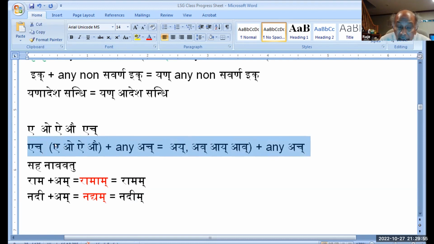You can say E is really A plus I, O is A plus U, AI is A plus A plus I. So you can break these into pieces and derive this, or we can derive it directly and work through that. Next week, I'm going to give you a lot of examples of this and exceptions to this.